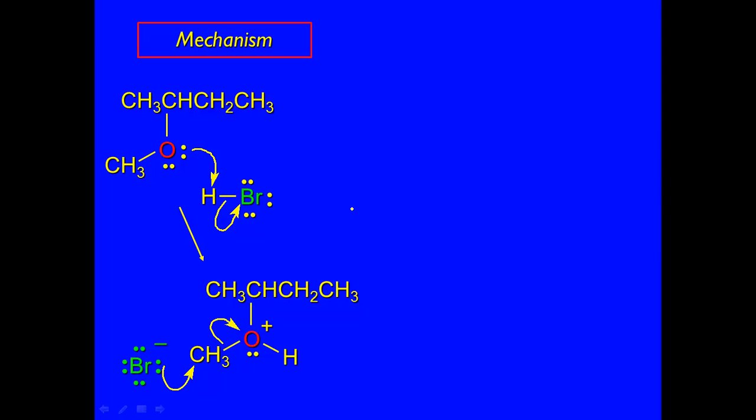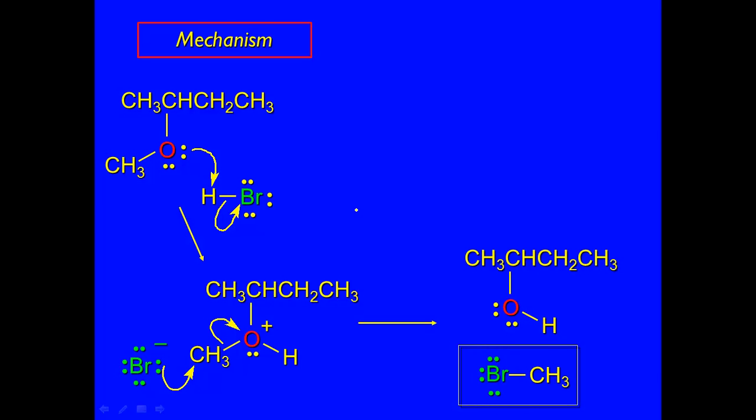You get protonation of this oxygen, which in turn polarizes these two carbons. So the bromide can now attack this carbon, and as a result you get methyl bromide. And this becomes an alcohol because it's already protonated. So either you can protonate at the end of the reaction or in the beginning itself. These are acid-catalyzed reactions, so we'll have it protonate in the first step itself.